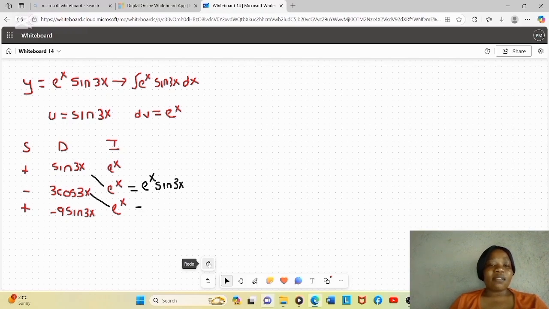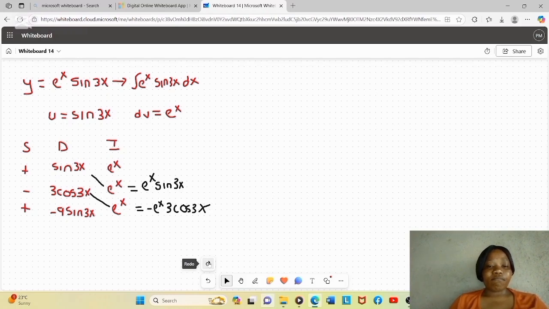Our next term will be equal to negative e to the power x times 3 cos 3x. On our alternating sign, we have a negative sign, and we have a positive sign on e to the power x, so it gives us the negative sign.